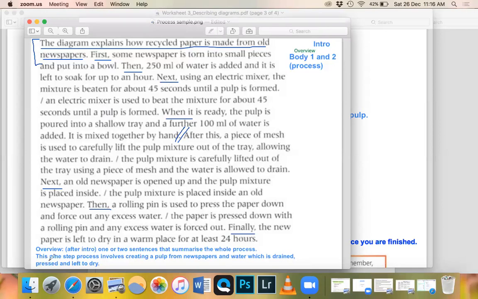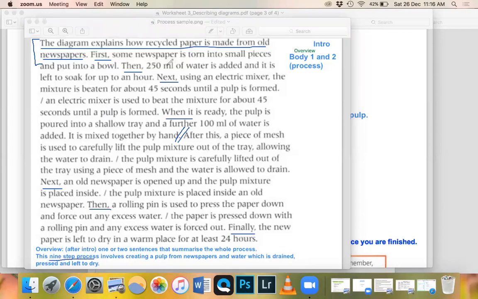So for example, you could say something like, this 9-step process involves creating a pulp from newspapers and water, which is drained, pressed, and left to dry. So this sentence we could add in over here.